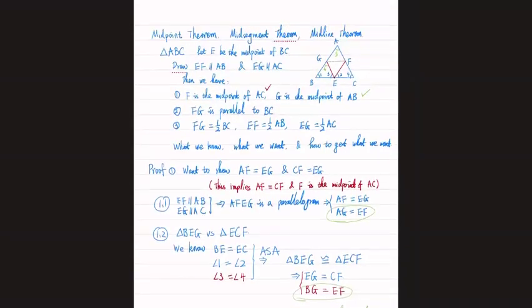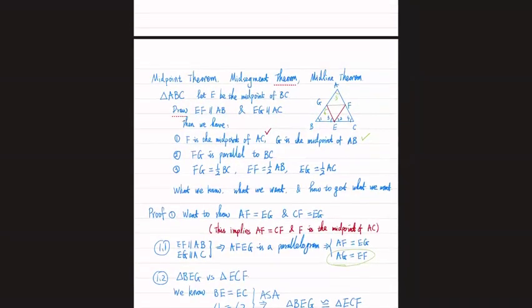We'll go back to the graph. This pair of sides has equal length. This pair of sides has equal length. The angle between them has equal measures. So by the side-angle-side theorem, the two triangles are congruent.